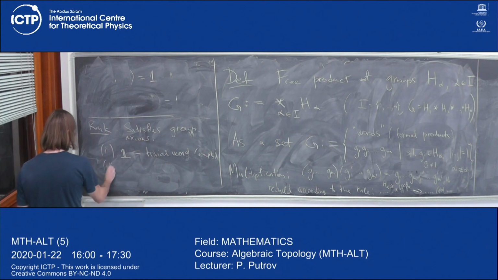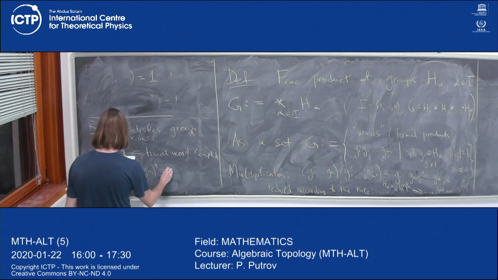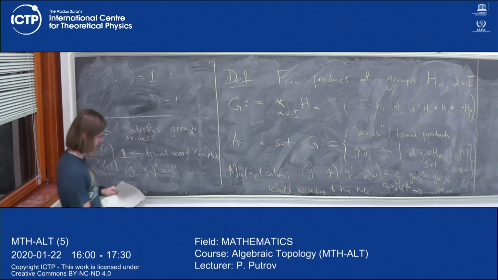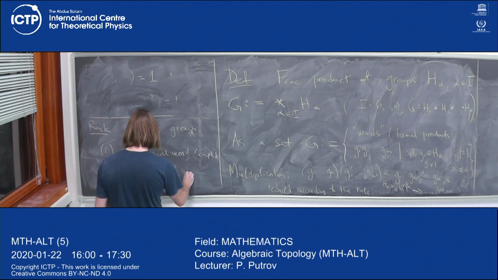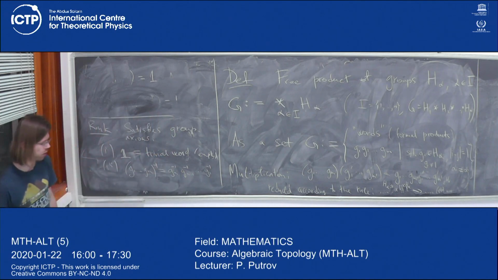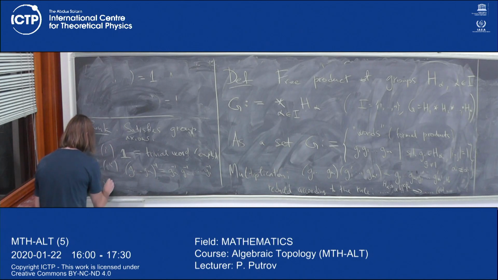Second is existence of inverse, and the inverse is given by just reversing the order of the elements in the word and inverting each of them in the individual group separately. And the third is associativity.